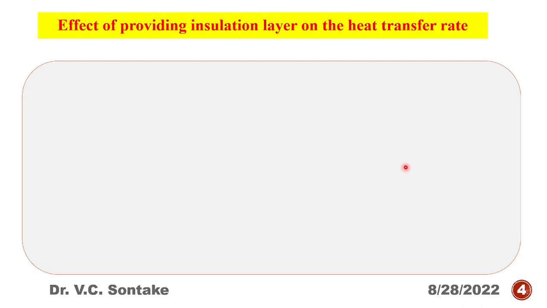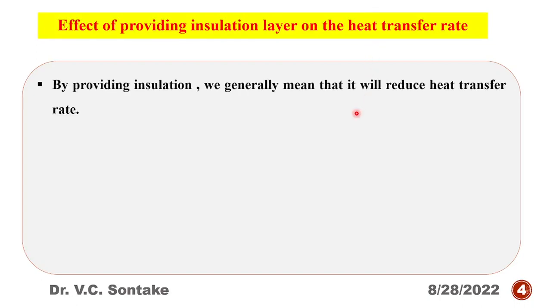In order to understand the effect of providing insulation layer on the heat transfer rate, let us first discuss some basic things about the insulation. When we provide insulation over the surface through which heat transfer is taking place, by providing insulation, we generally mean that it will reduce heat transfer rate through that body.